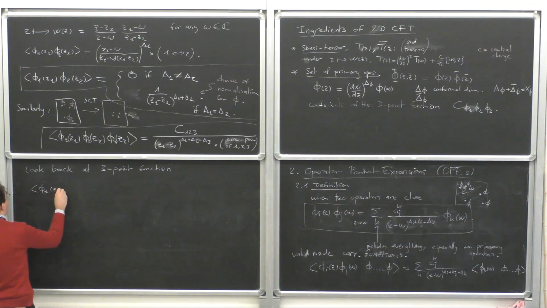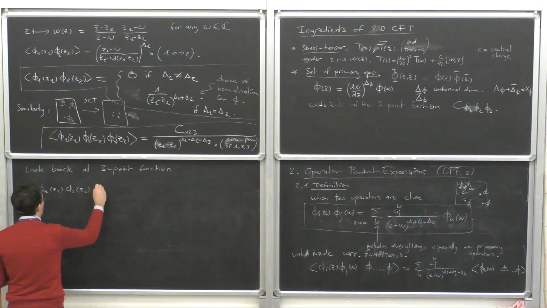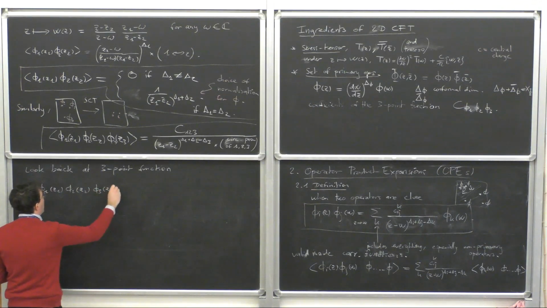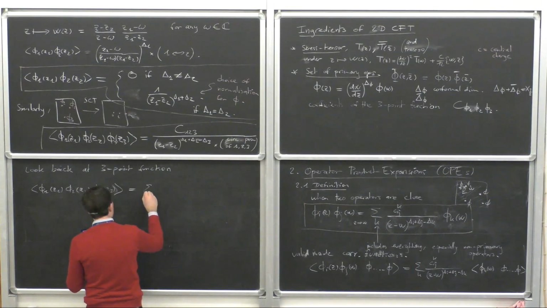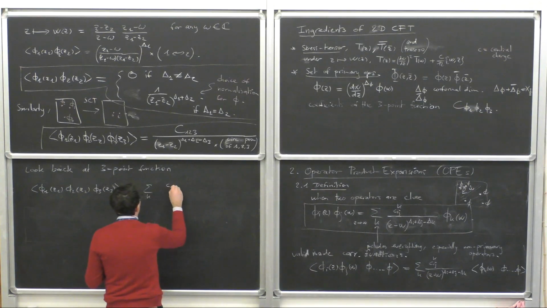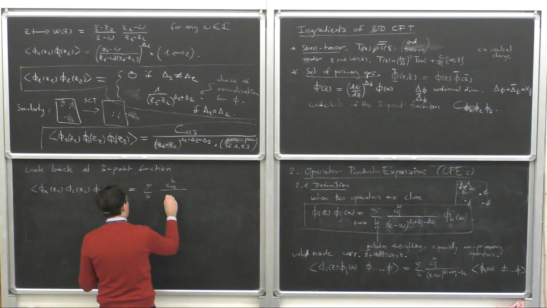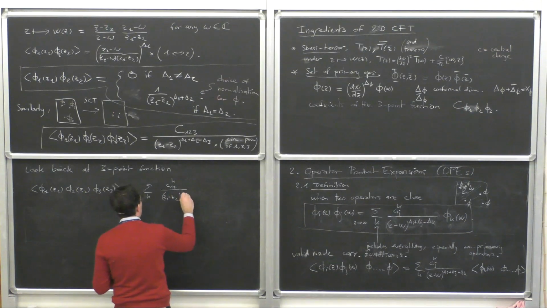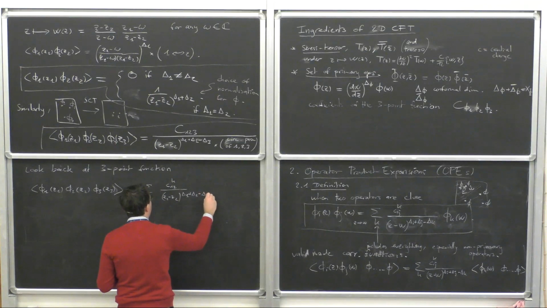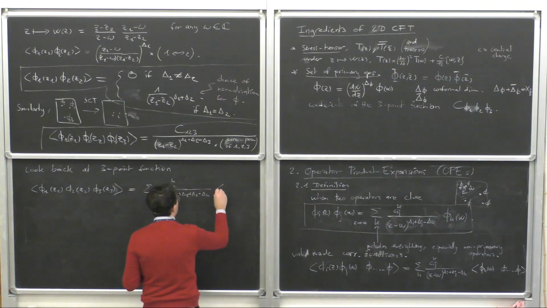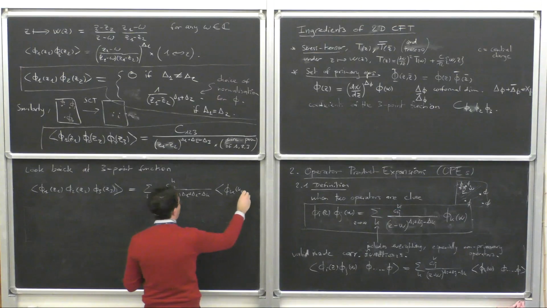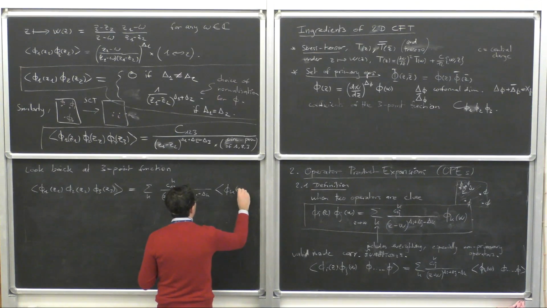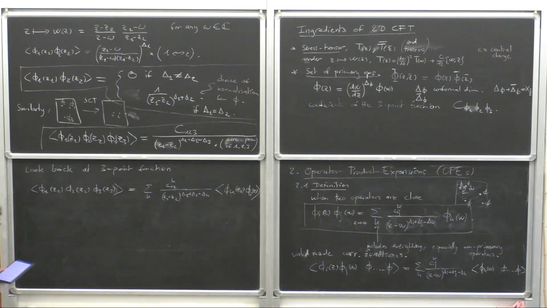So we consider again phi_1 of z_1, phi_2 of z_2, phi_3 of z_3. When we plug in this operator product expansion, we find an infinite sum over k of these coefficients C_12k, times (z_1 minus z_2) to the delta_1 plus delta_2 minus delta_k, times a bunch of 2-point functions involving some operator, not necessarily primary, phi_k of z_2, and phi_3 of z_3.